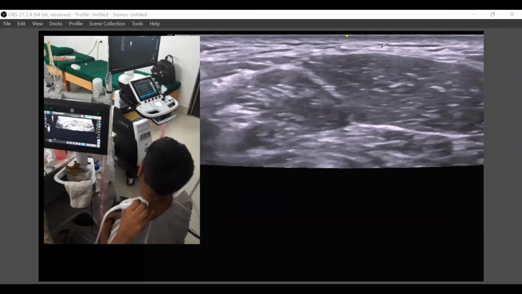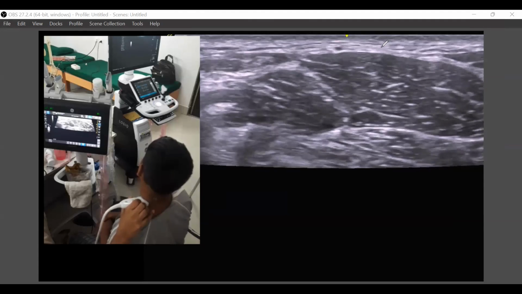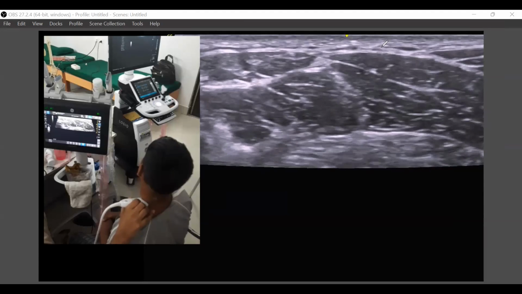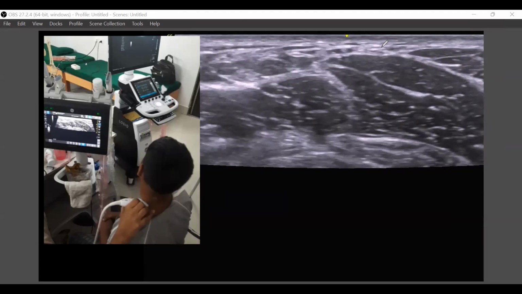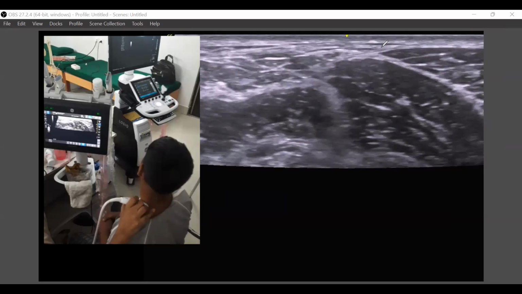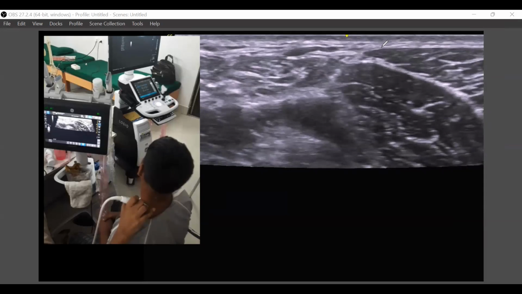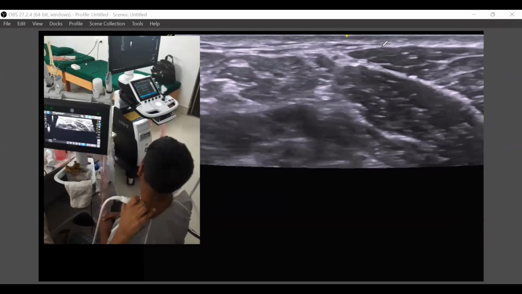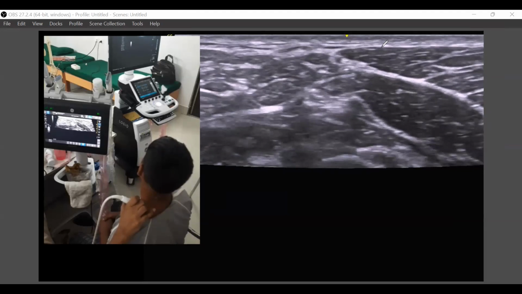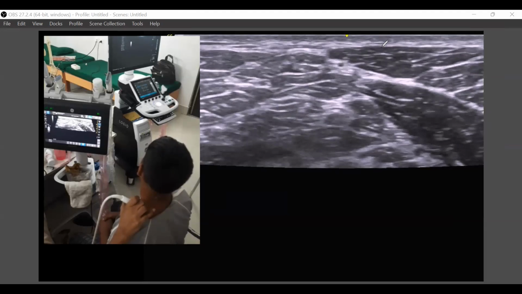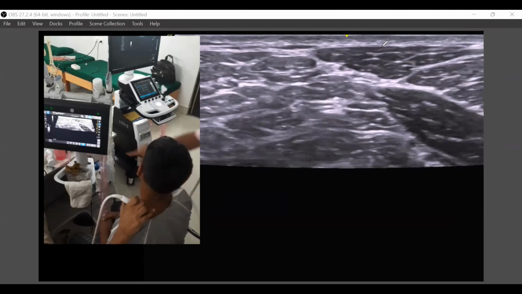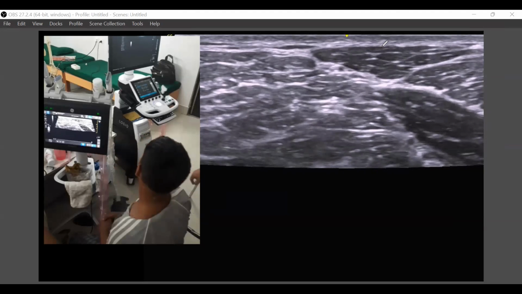Now it has come subcutaneous, and you see where it is going, and look at my probe position also. Now on the lateral side, the muscle appearing is your trapezius. The trapezius here is bulky. You can see the nerve now, and it is going below the trapezius muscle.